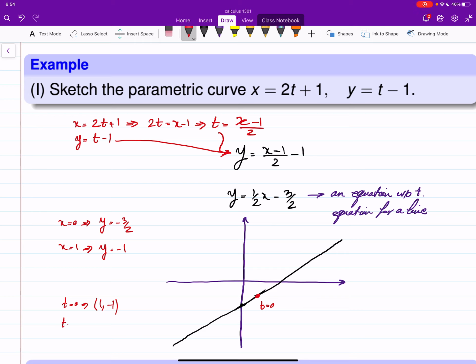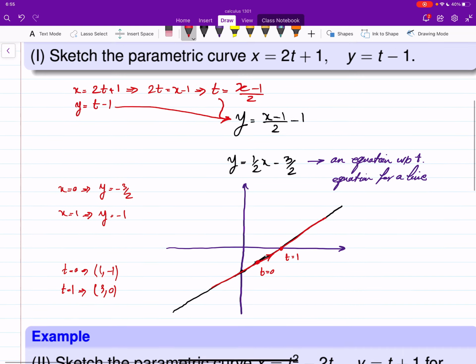And now if you plug in t equal to 1, it will give you 3 here and 0 there. So that's the point for t equal to 1. And why is this important? A parametric curve is not just a curve, it also has a direction. So as t changes, we move in that direction. And it will cover the whole line for all values of t.